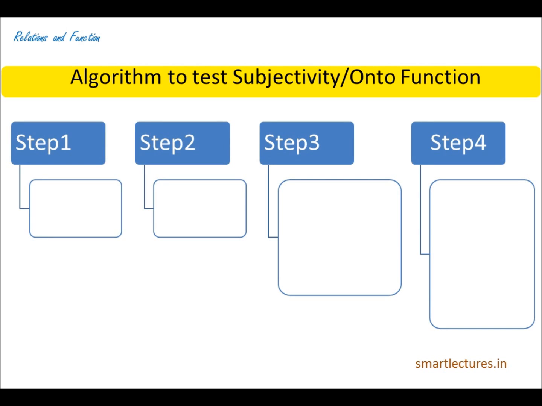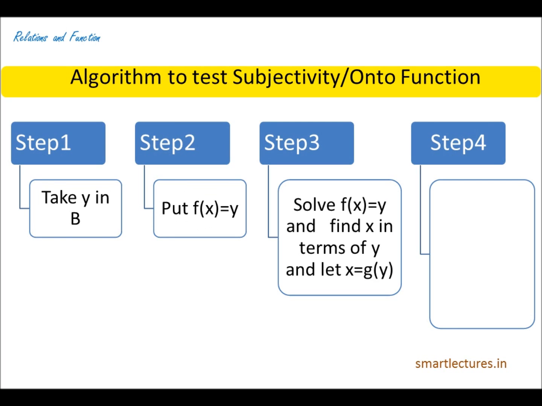In the first step, we take any value y from set B, and in step 2, we put f of x is equal to y. In the third step, we solve the equation f of x is equal to y, and then we find the value of x in terms of y and write a new function x equal to g of y.